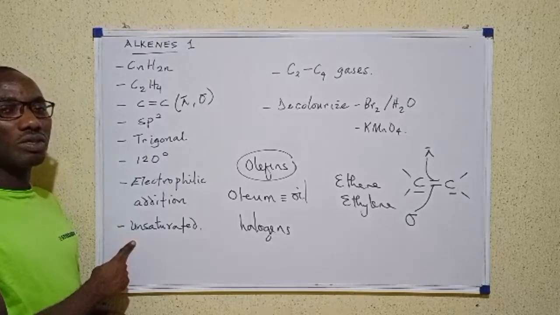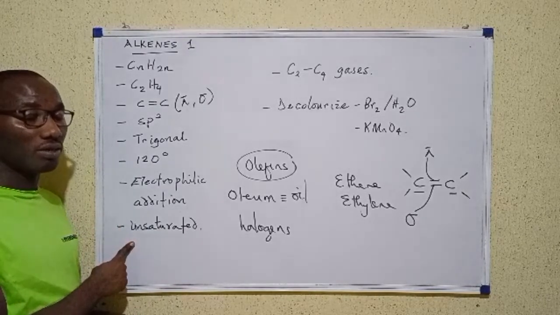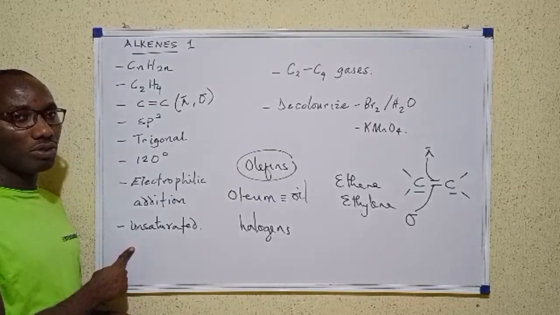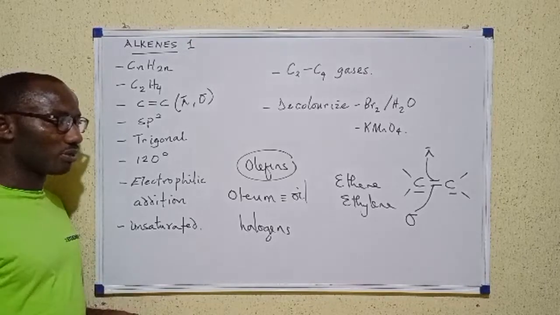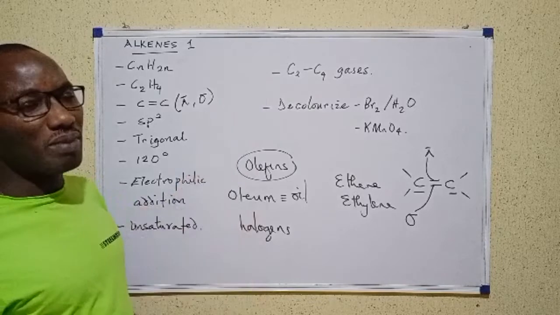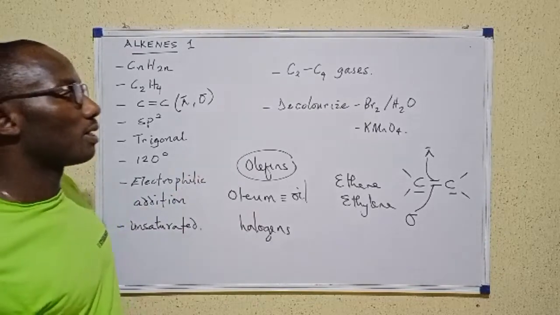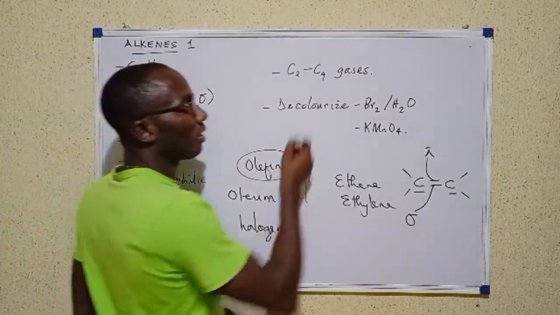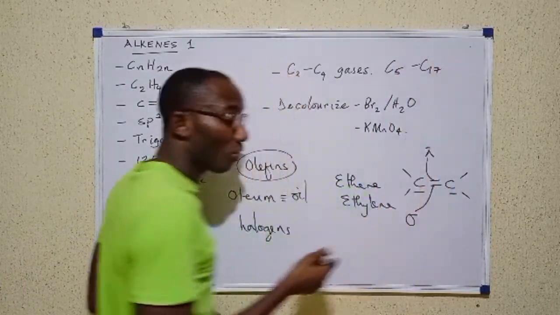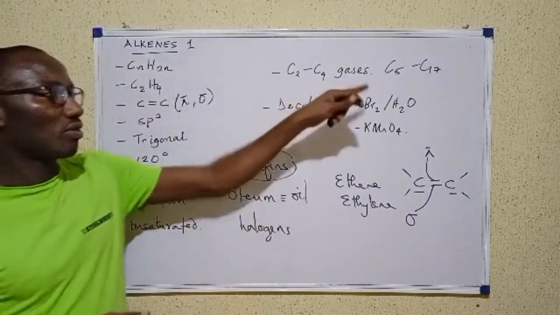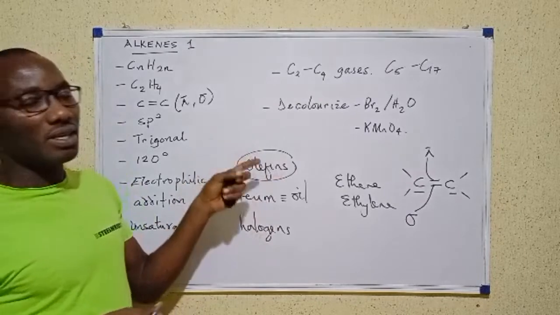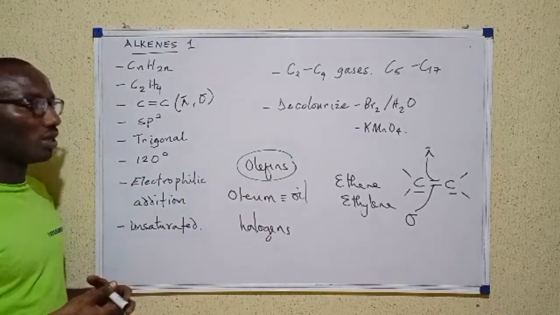Are alkenes saturated or unsaturated? Yes, they are unsaturated. Of course, among all the different hydrocarbons, only the alkanes are saturated. On this side, I've tried to remind us that C2 to C4 alkenes are gases, then C5 to C17, just as we saw for alkanes, C5 to C17 alkenes now are liquids, then C18 and above are solids.